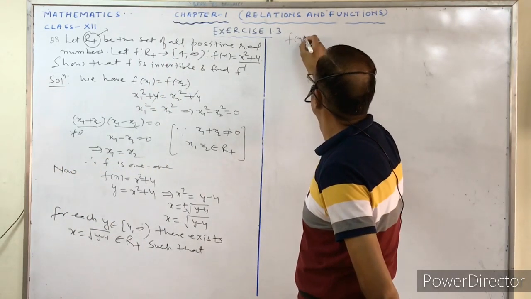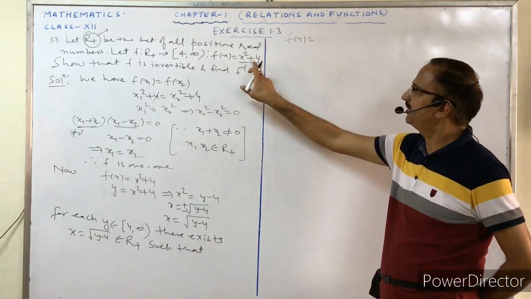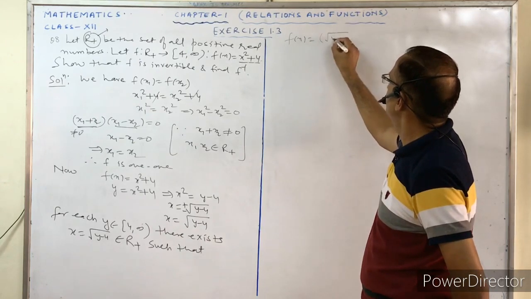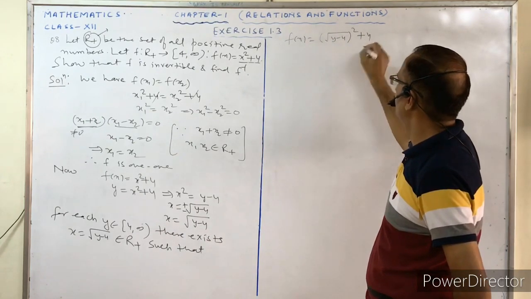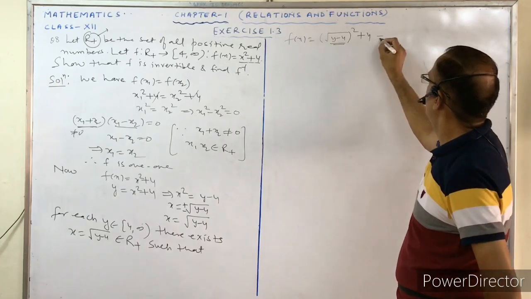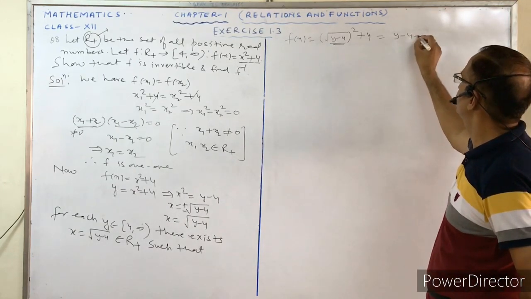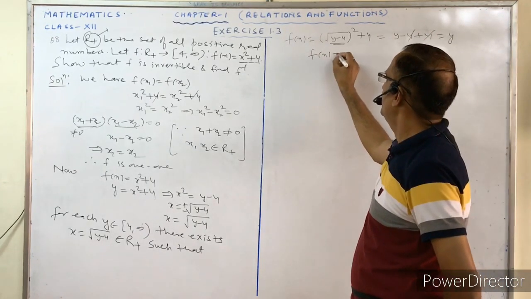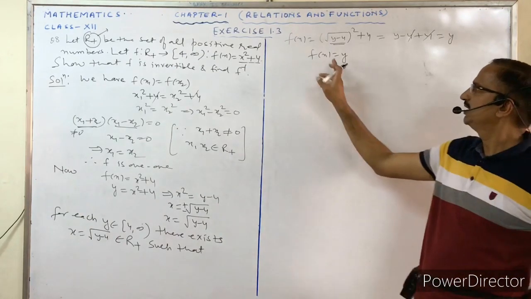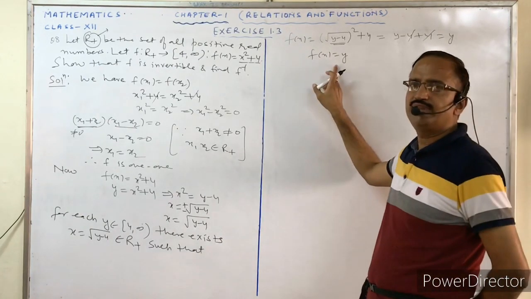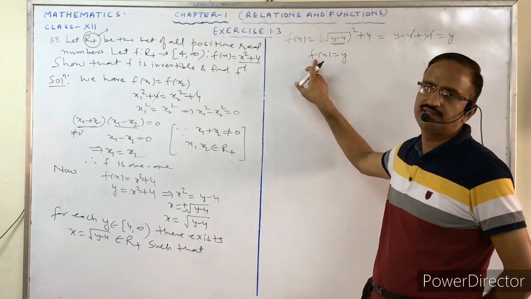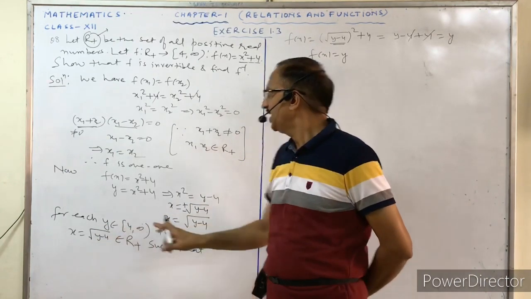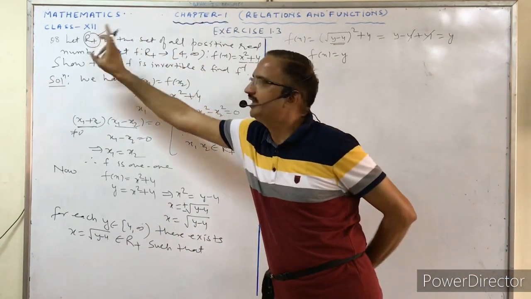f(x) is x square plus 4. Put the value of x from here, then we get (root y minus 4) square plus 4. By further simplification, we get y minus 4 plus 4. These two cancel out. This is y. Or we can say f(x) equals y. It means the image of x is y, or the pre-image of y is x. It means every element y belonging to this has a pre-image in the domain that is R plus.